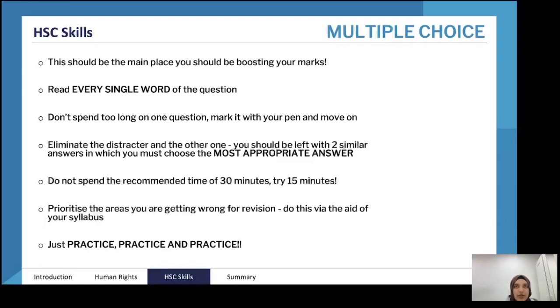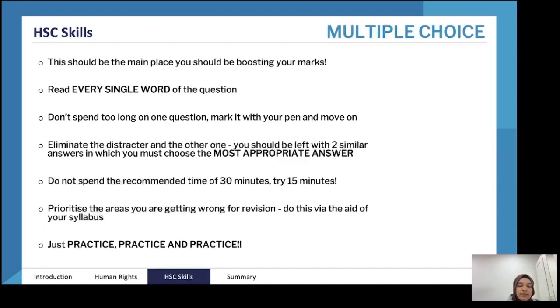And then you can also print out a paper. I think that's the best way to do it: print out a paper, turn on a timer and have a go, replicating those exam conditions, so that on the day you don't feel nervous or panicked, because sometimes that can panic students who are not used to exam conditions.